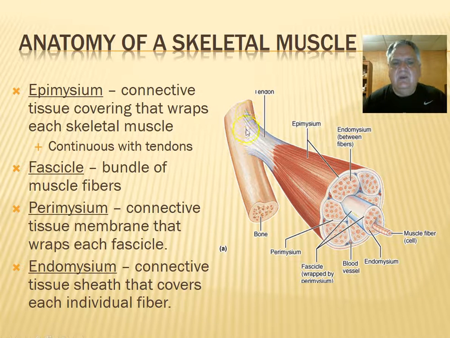Whenever we take a look at tendons, this is trying to show the fibers. You may recall that a bone has an outer fibrous covering on its surface, and that outer fibrous covering is called the periosteum.